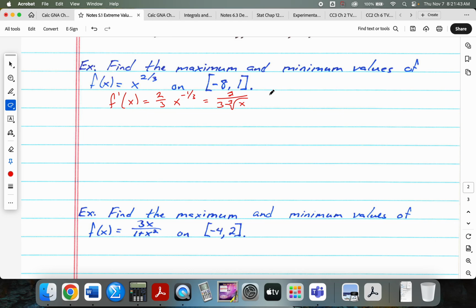Remember, critical points are places where the original function exists and the derivative is either 0 or is undefined.